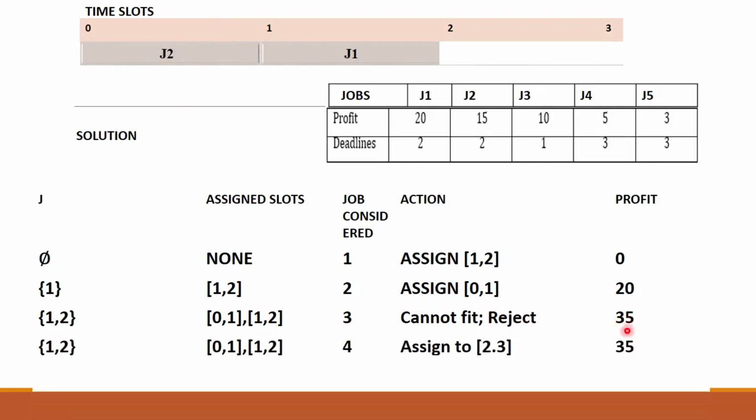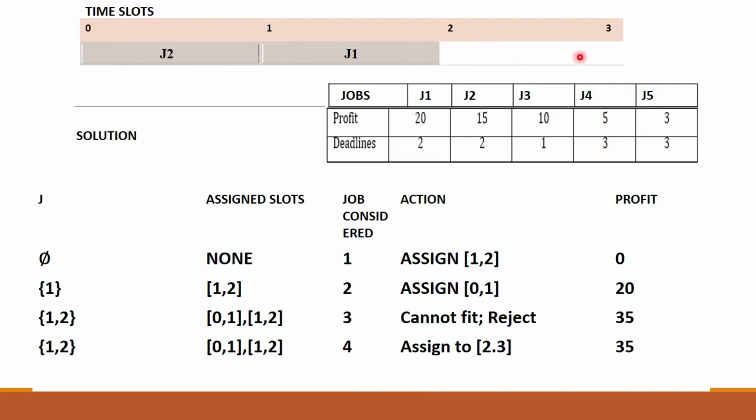The assigned slots are the same as the previous one, and the profit is also the same. Now we will consider job 4. What's the deadline for job 4? It is 3. Is there any free time slot before 3?